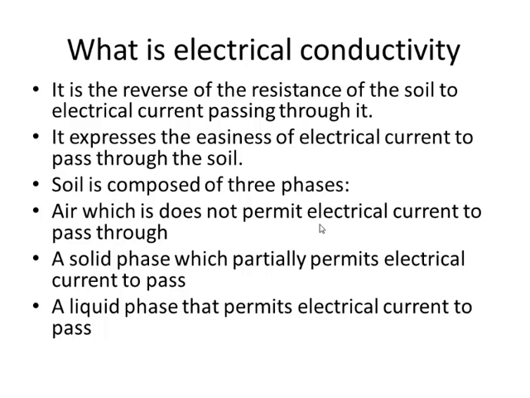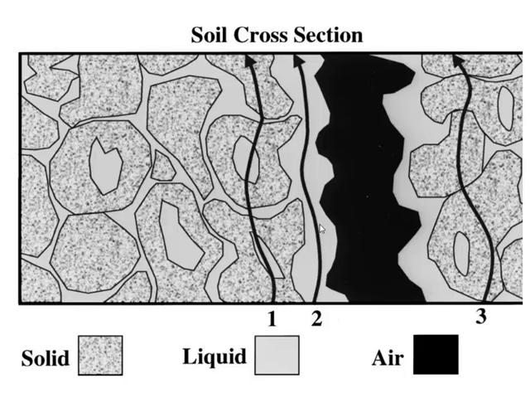So the basic thing is that if we consider the soil, we have three phases. One is air, which is a very bad means for electrons to pass through, so air means very low conductivity.